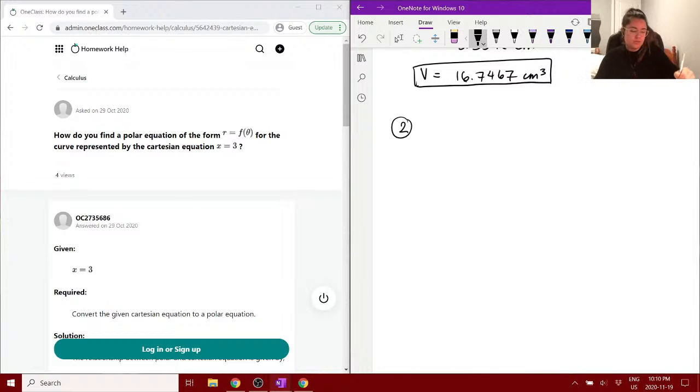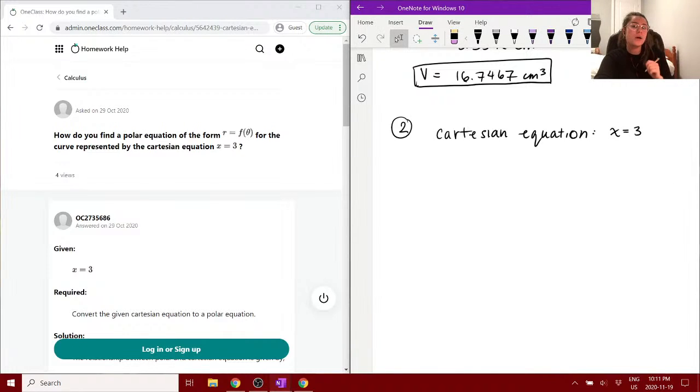First of all, we are given the Cartesian equation, which is x is equal to 3.